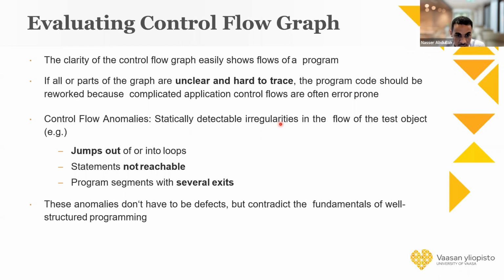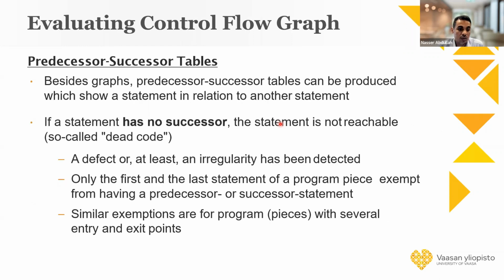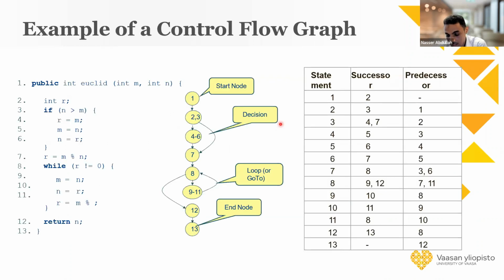We have an example, and actually we also have another technique to show this. To evaluate this and take the benefit of this graph, we can create a table from the same example.